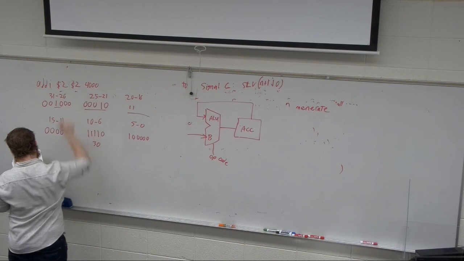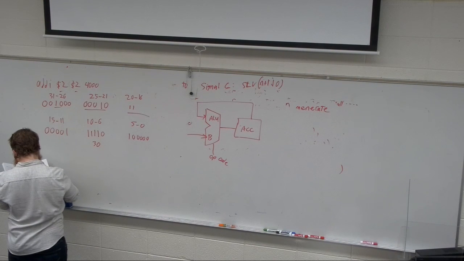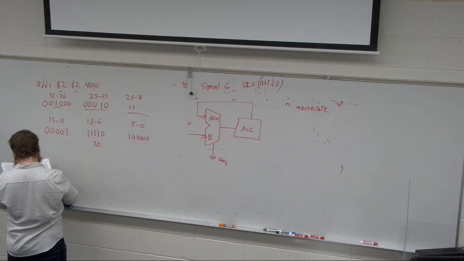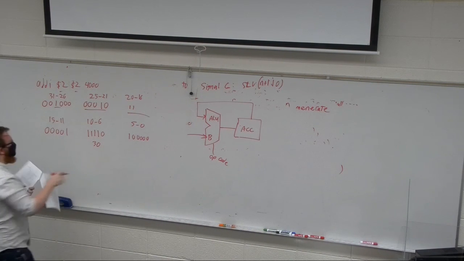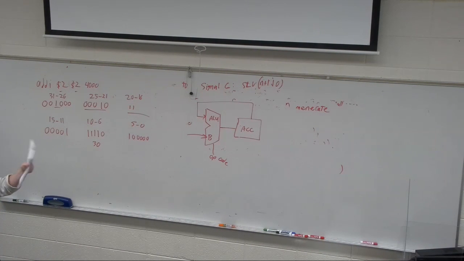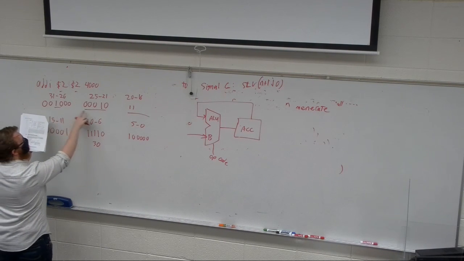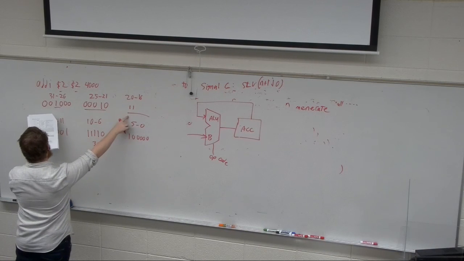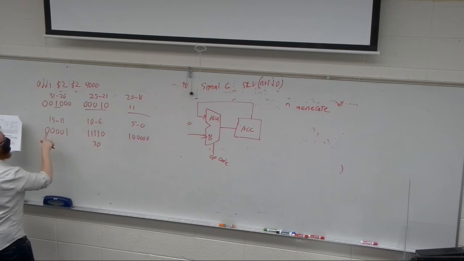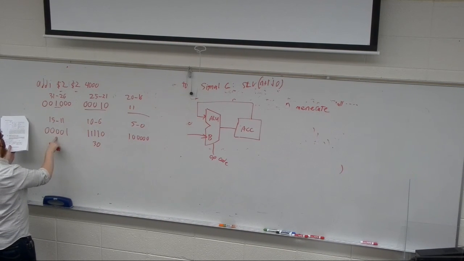Add immediate. Oh my gosh. It's because it's the wrong format. The add immediates are I format, not R. So it is input 1, input 2, and then the offset or immediate.